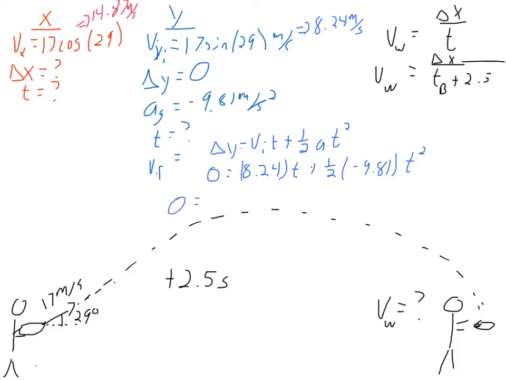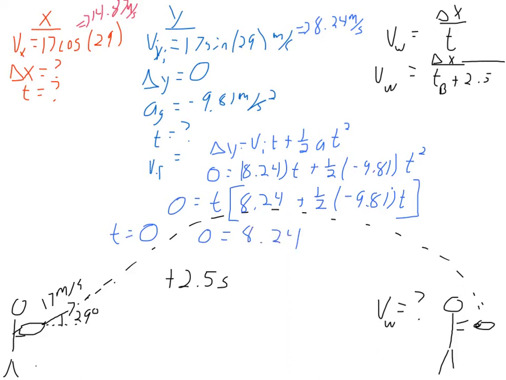All right, so now I need to factor out a t. So 0 equals t times the bracket 8.24 plus 1/2 times my negative 9.81 t, close my bracket. So t is going to equal 0, and now I need to solve this other one: 0 equals 8.24 minus about 4.9 t, and that comes from the 1/2 times negative 9.8.